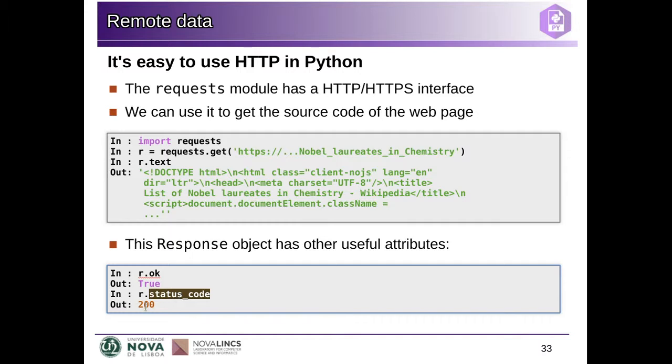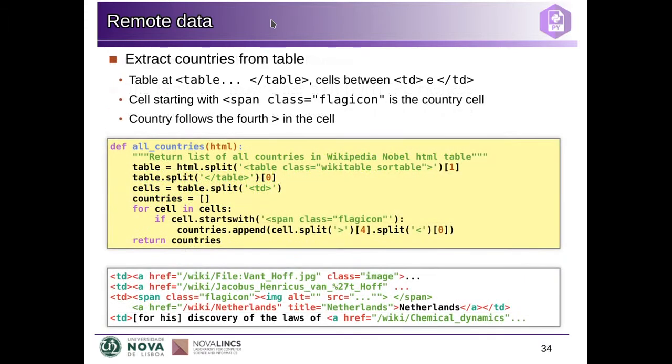For example, 200 is OK, when everything goes well. 404 is when the page was not found. Then you have, I think, 503 if the server was busy, and so on. So you can check this code if something went wrong to see what's happening with your connection. But if everything goes well, then you just need to look at the text and you have the source code for your page.